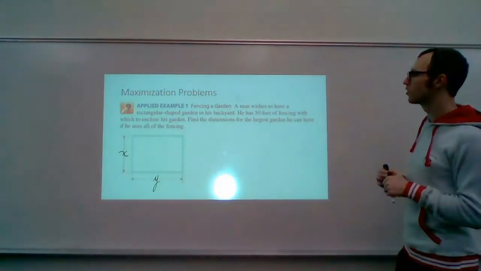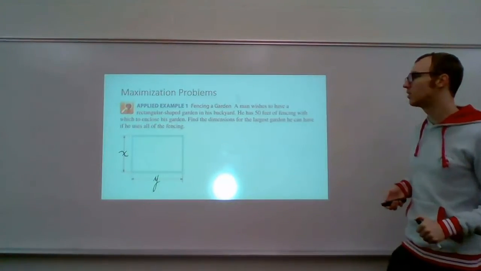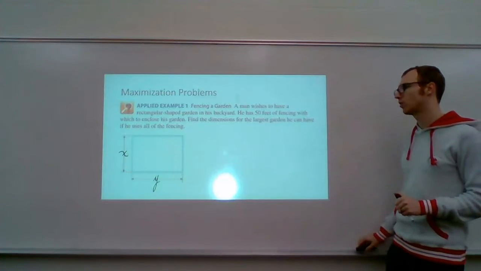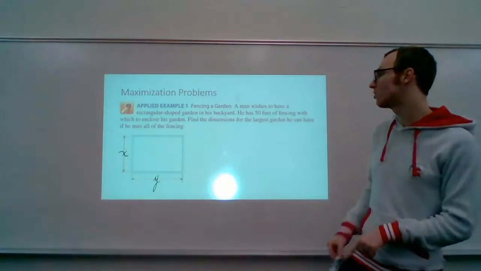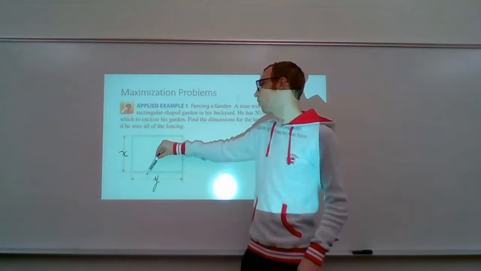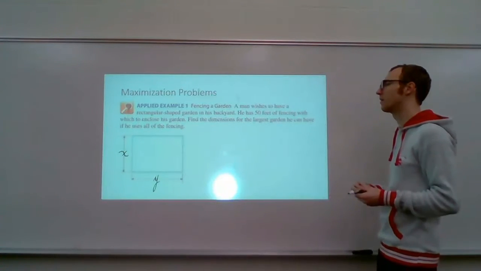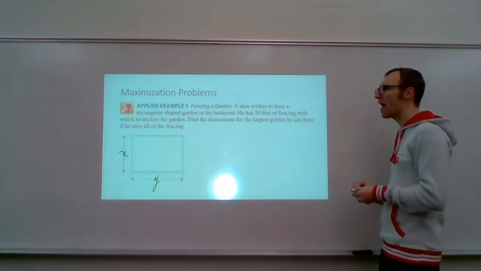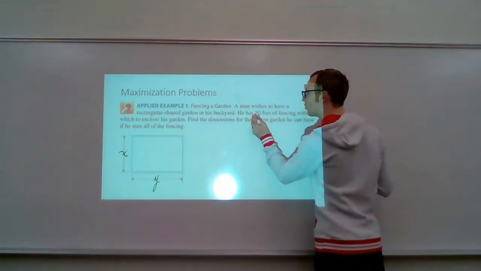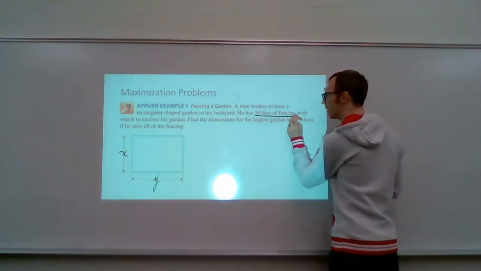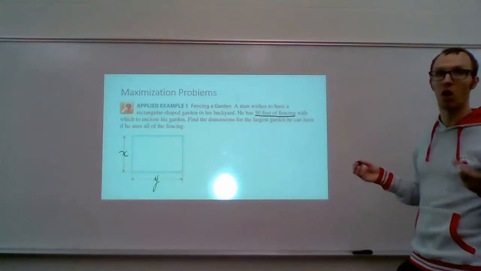All right, so the restrictions that we have. Well, first off, he's got 50 feet of fencing to work with. Let's deal with that part first. The drawing actually created the variables for us. The variables are x and y here for the height and the width, if you will, or length and width. We know that this 50 feet of fencing deals with around the outside of the garden.